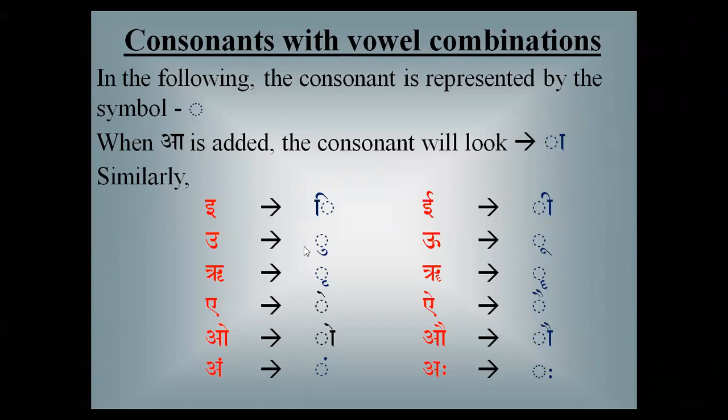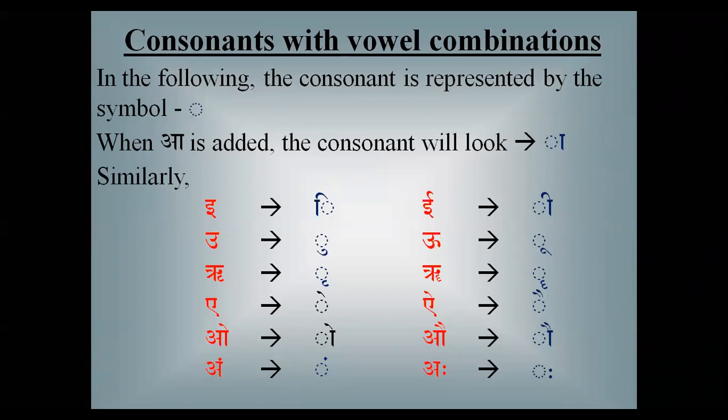And when the vowel U is added to the consonant, it is represented by a stroke you can see at the bottom of the consonant. And when the long vowel U is added, similarly you see a stroke. I can show you that stroke in the paint screen.